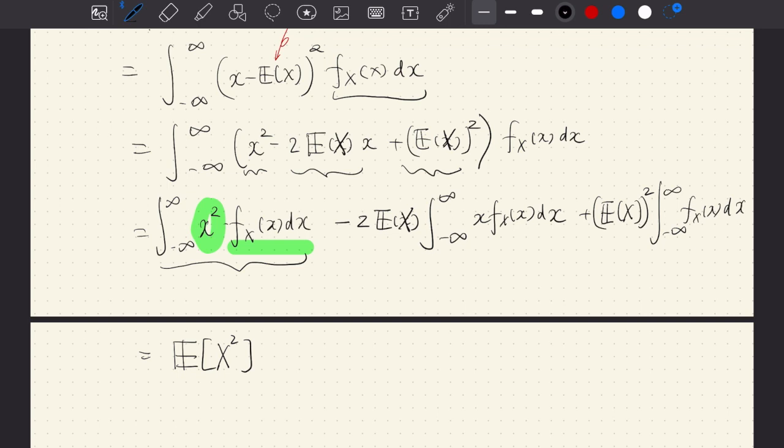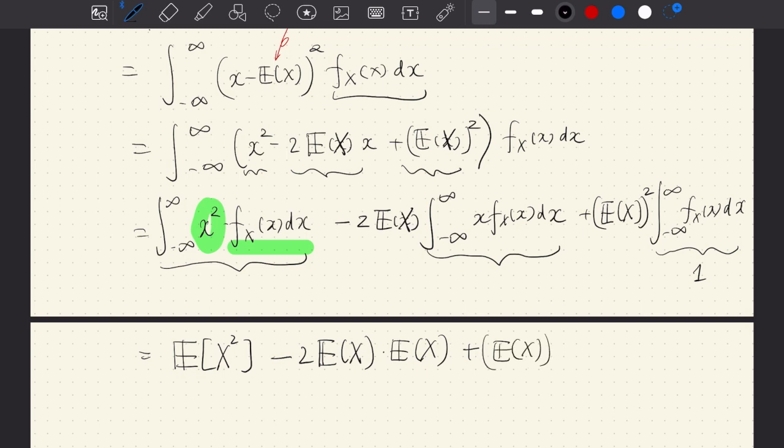For the second term, you have negative 2 expectation of X, and this integral is actually the definition of the expectation of X, so this is expectation of X times expectation of X. And for the third term, because f_X of x is a probability density function, if you integrate it from negative infinity to positive infinity, it evaluates to 1. So the last quantity would be expectation of X squared.